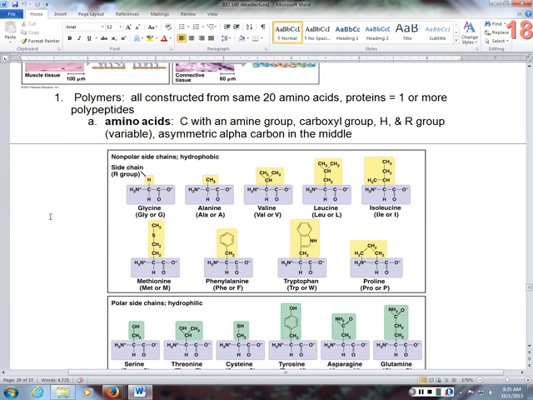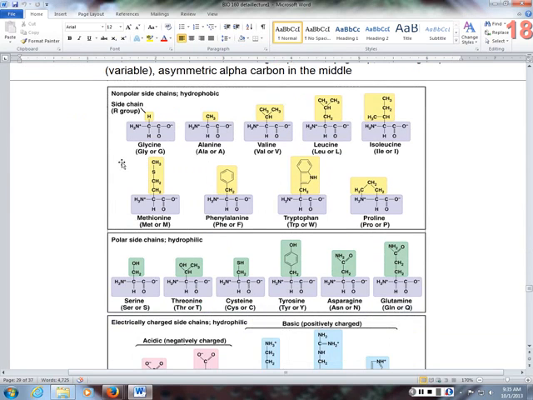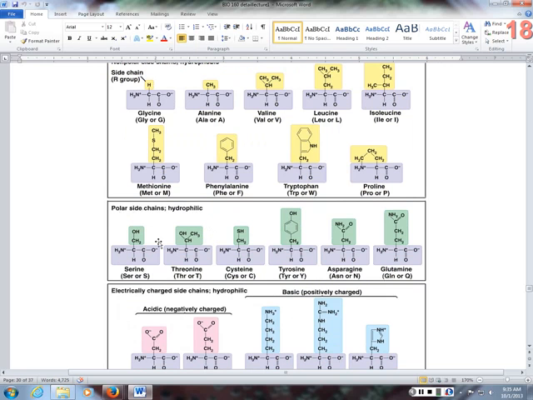So they get classified into different groups. You've got some that are hydrophobic because they've got non-polar side chains. And for most of these groups, there's not really a reason to remember who all is in there. You don't need to memorize the names and the abbreviations either, but this just shows you some. The polar side chains are hydrophilic, they're going to like water.